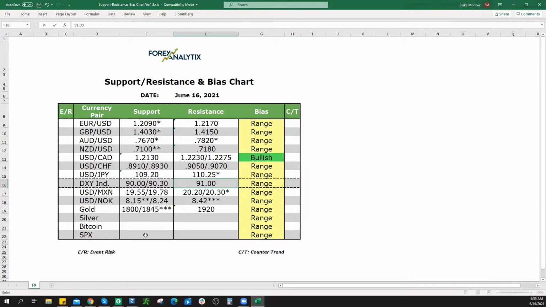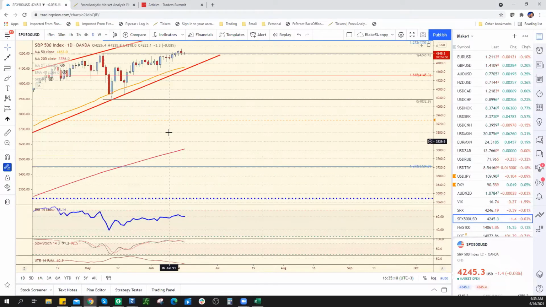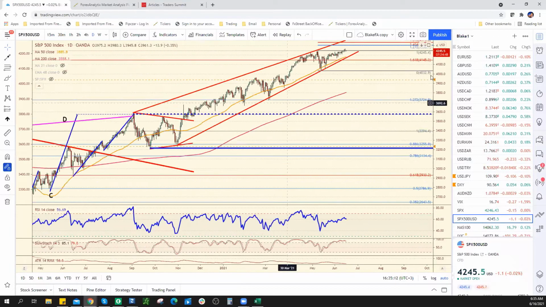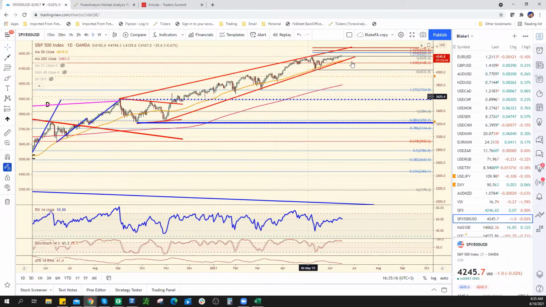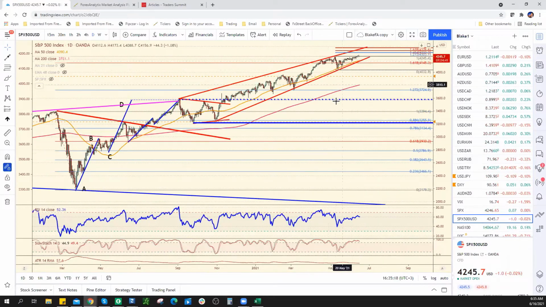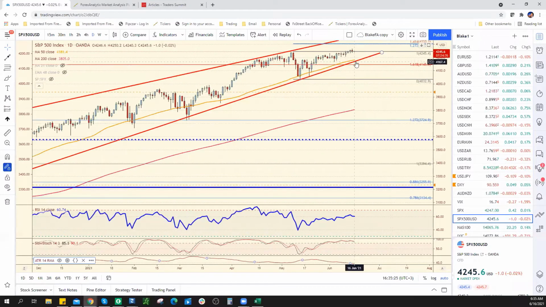Let's say we're in a range. Silver, Bitcoin, and S&P. So S&P. Ascending wedge. If the Fed disappoints today, we're going to challenge this support. And this is the 50 DMA too. So, that's actually pretty important now that I'm thinking about it.